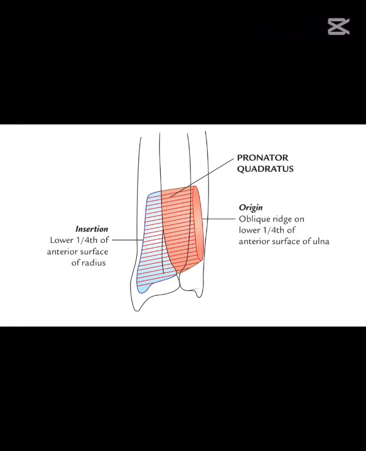It's inserting on the shaft of the radius, the lower 1/4 of the anterior surface of the radius. Pronator Quadratus: anterior surface of the ulna, anterior surface of the radius. Very simple. For your textbook concept, it comes from the lower 1/4 of the ulnar shaft and inserts on the lower 1/4 of the radial shaft.